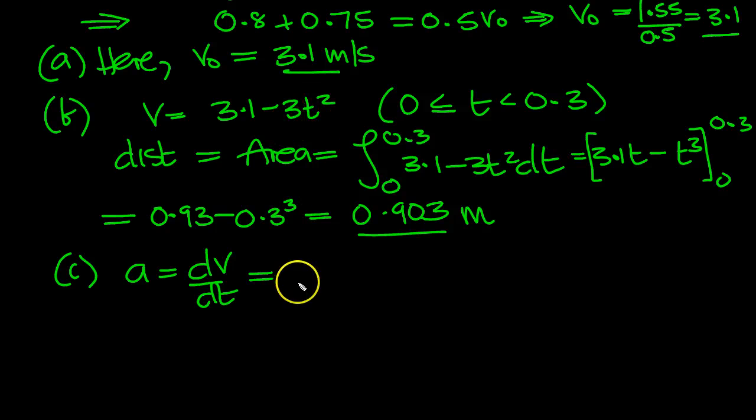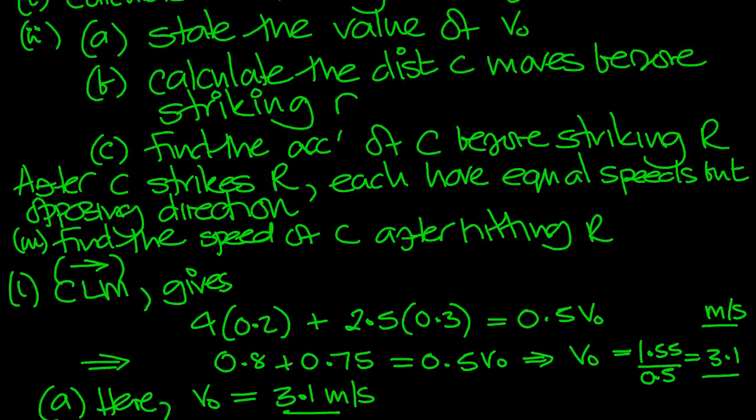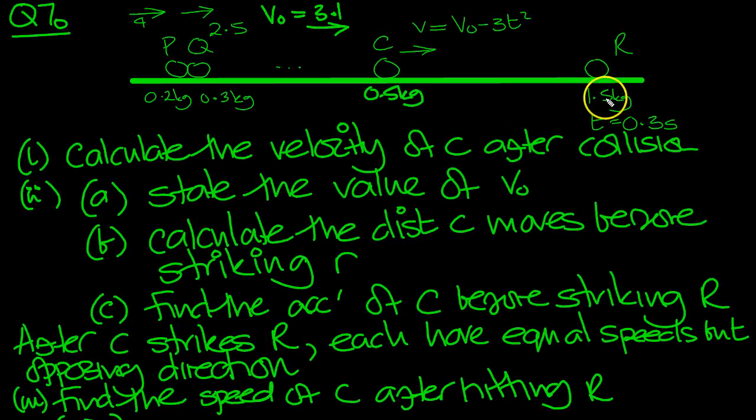Differentiating this, the 2 comes down, giving minus 6t, which equals minus 6 times 0.3, which equals minus 1.8 meters per second squared when t is equal to 0.3, which is the moment of impact. So there's the acceleration. After C strikes R, each has equal speeds but opposite directions.